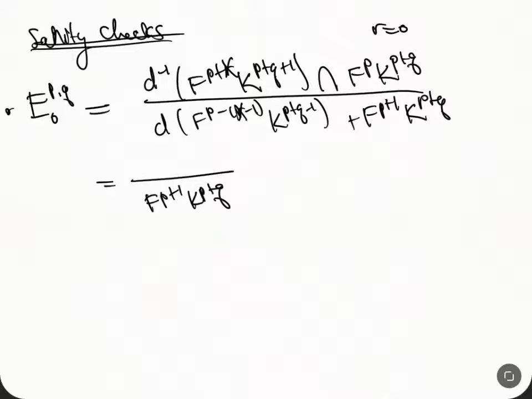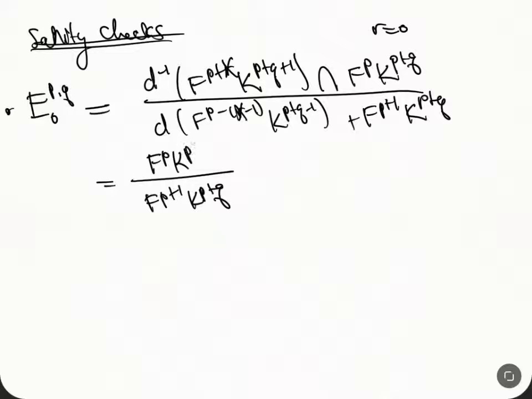Okay, and then let's look at the numerator for a second. So D inverse, this goes away. So this is F P, D inverse of F P, and this is also D inverse of F P. This is contained in F P. Everything that's in F P comes from F P, so that does nothing.